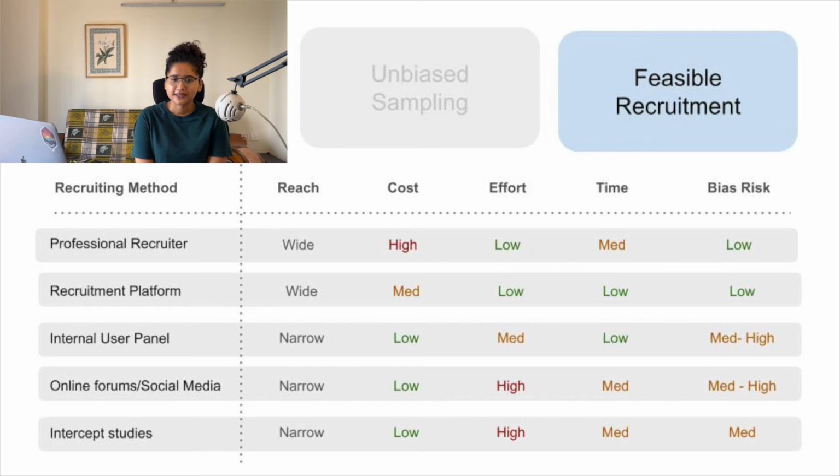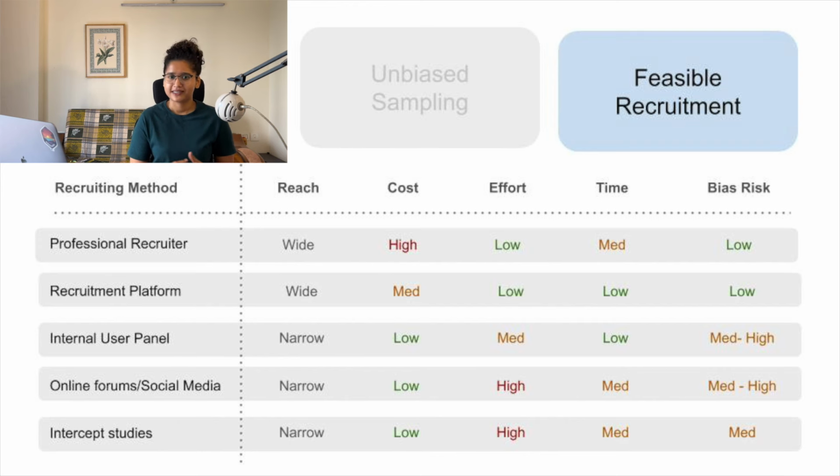Internal user panel is also a great method, where typically product makers would start cold emailing some of their highly engaged customers, and request them to be a part of this internal user panel, and they would get to critique, give us feedback about the early builds, and give us feedback about what's working and not working in the product.